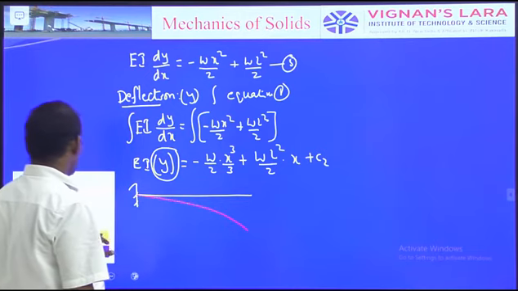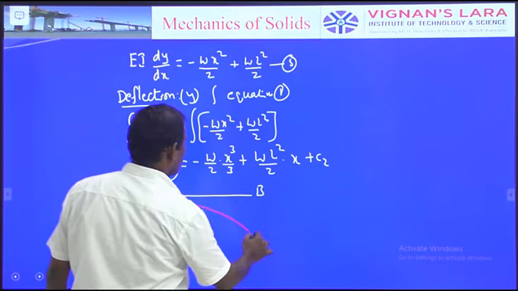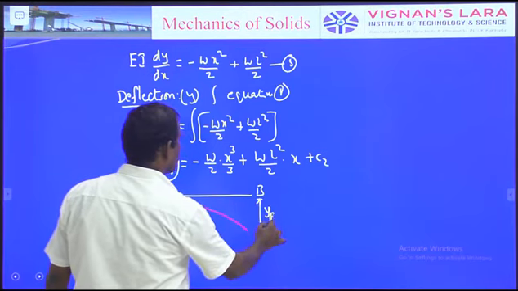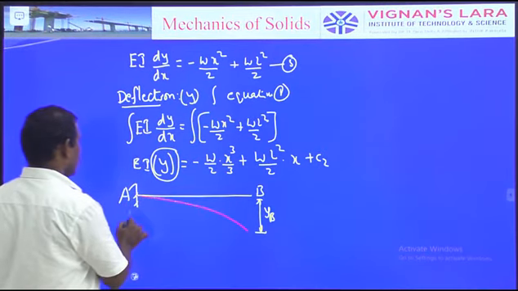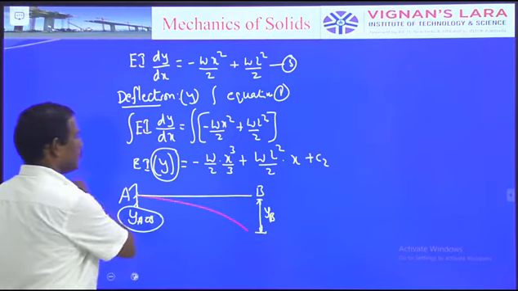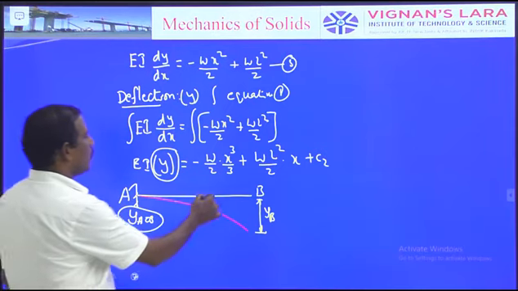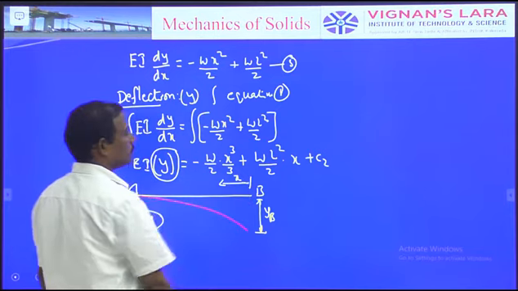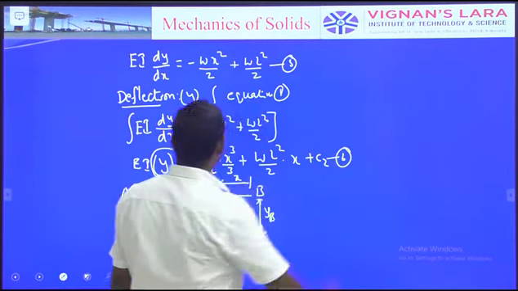This is A and this is B. This is the deflection at B, which is yB, and this is the deflection at A. Definitely the deflection at A is 0. It means at x = L, so substitute x = L.